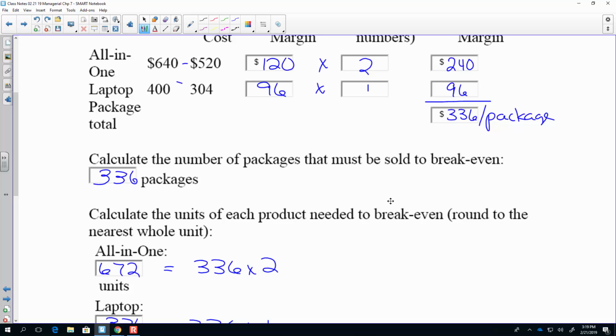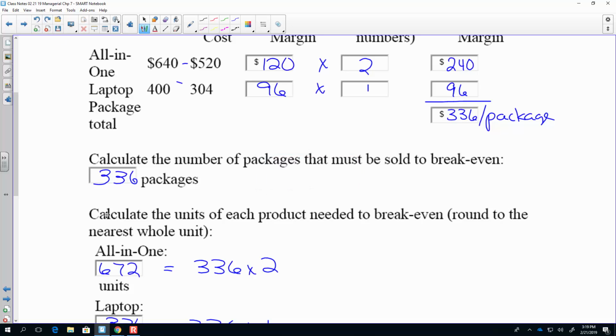What did I need to do? Oh, big boo-boo. I had to have the fixed cost here, divided by 336. I'll make that change on the notes before I save them. What is the answer?